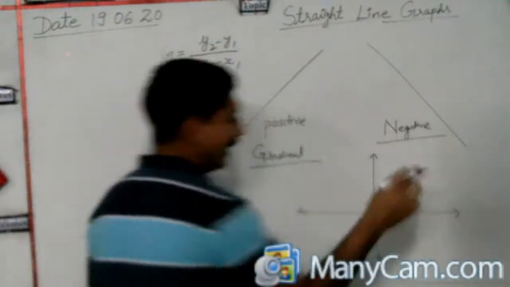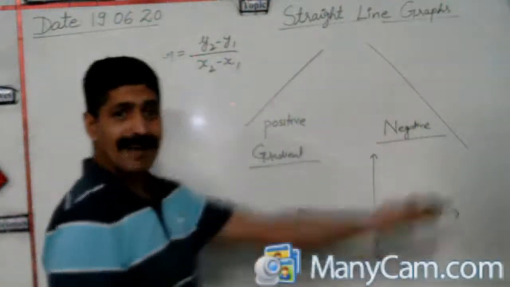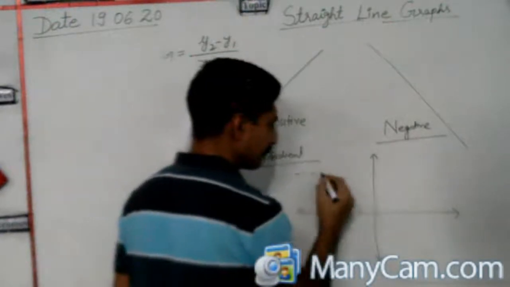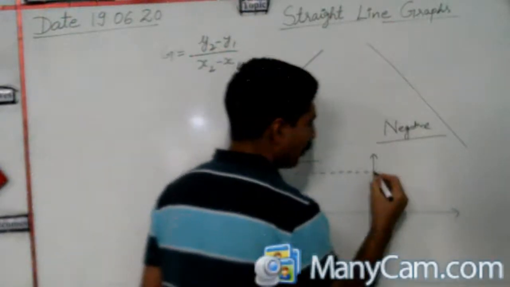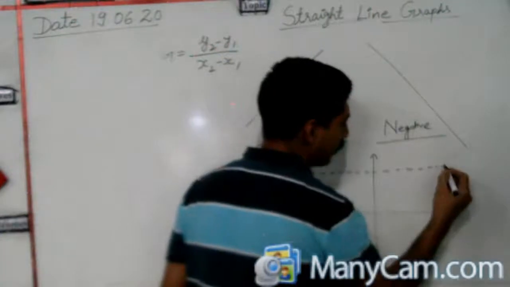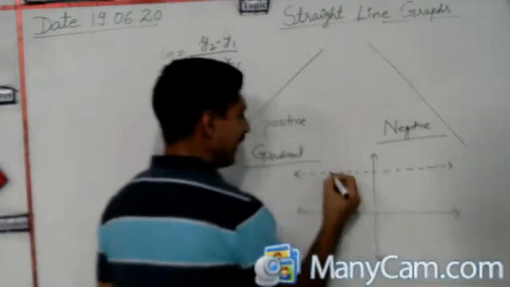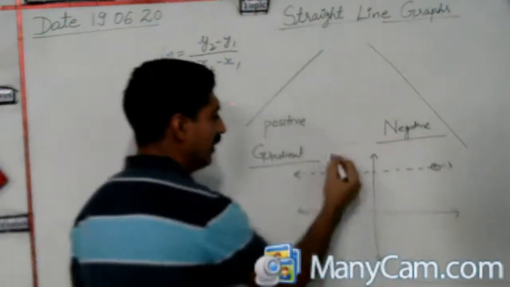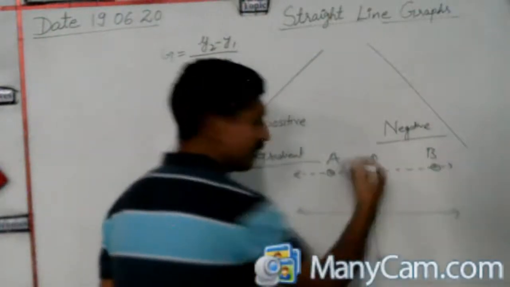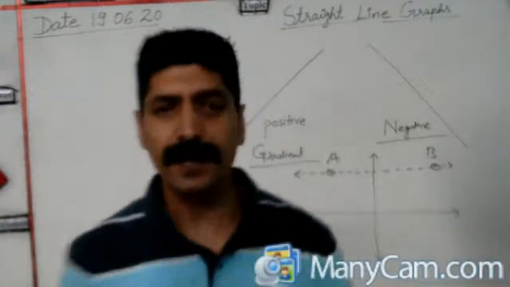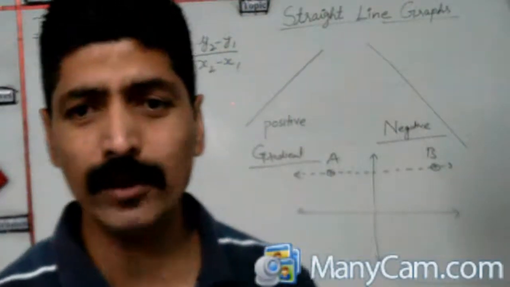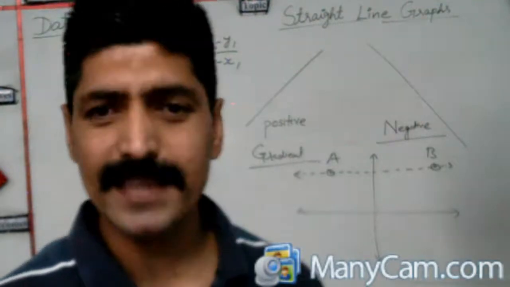Now take any line which is parallel to this x-axis, the dotted line, and take any 2 points on it, A and B, with their coordinates, and find the gradient y2 minus y1 upon x2 minus x1.